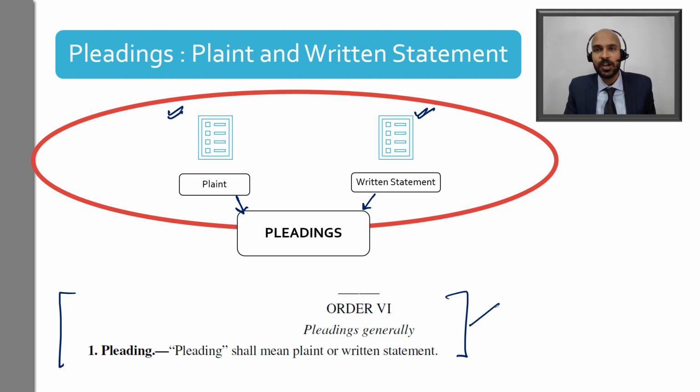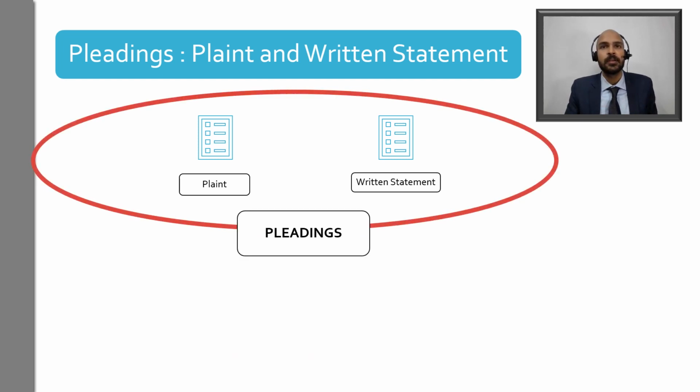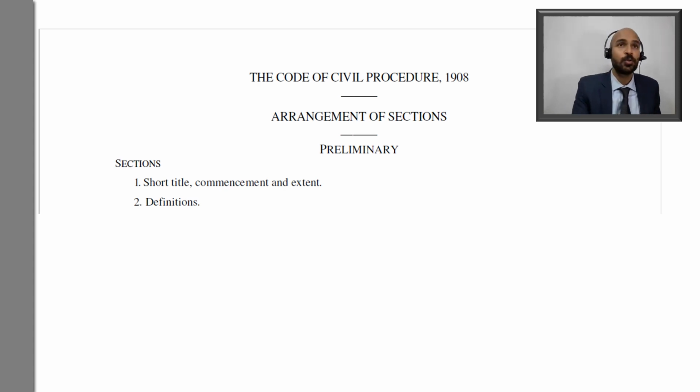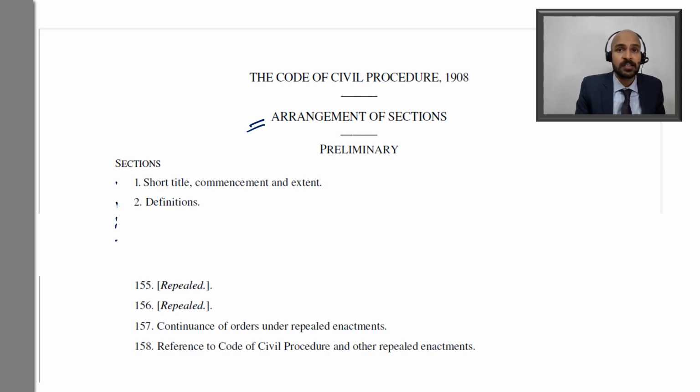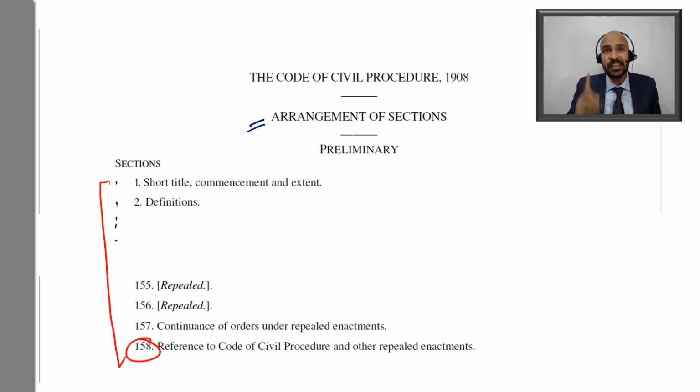Let me tell you how you see these orders and rules and sections in the CPC. If you browse through the bare act of the Code of Civil Procedure, you can see that it begins with a certain number of sections, starting with section number 1, section number 2, and this goes on until section number 158. So you have 158 sections in the Code of Civil Procedure.